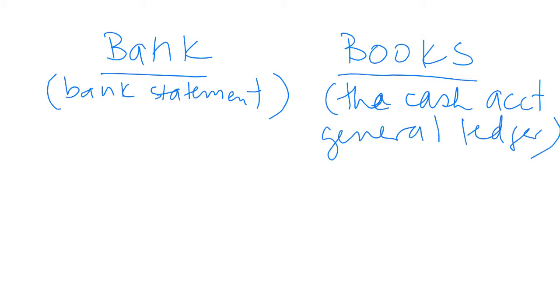Last time we talked about how these numbers, the balance per the bank and the balance per books, are not the same. I mentioned earlier timing differences and errors. So we'll need to adjust those balances and arrive at the same answer. The bank reconciliation compares the two, and it explains the differences between the cash on the company's books and the bank's records.